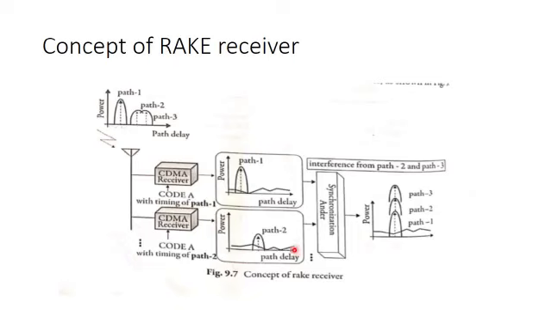Here the rake receiver concept is described with CDMA, that is code division multiple access technique. In CDMA, multipath propagation is handled in a very good way. Here the phase of the multiple signals is modified such that only positive interference takes place.